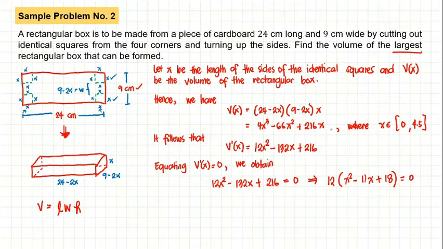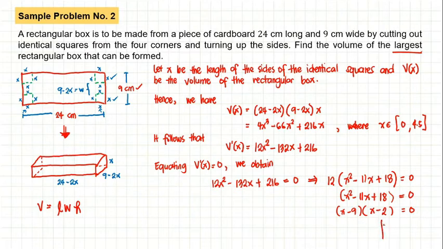Now, we can divide both sides by 12, so what's left is x squared minus 11x plus 18 equal to 0. And x squared minus 11x plus 18 is factorable. The factors are x minus 9 and x minus 2.